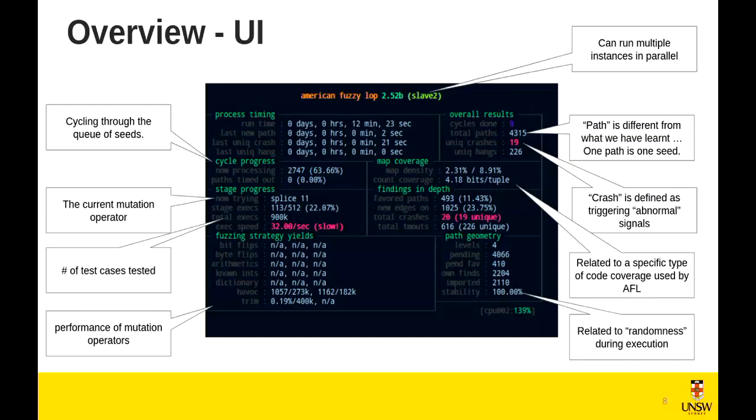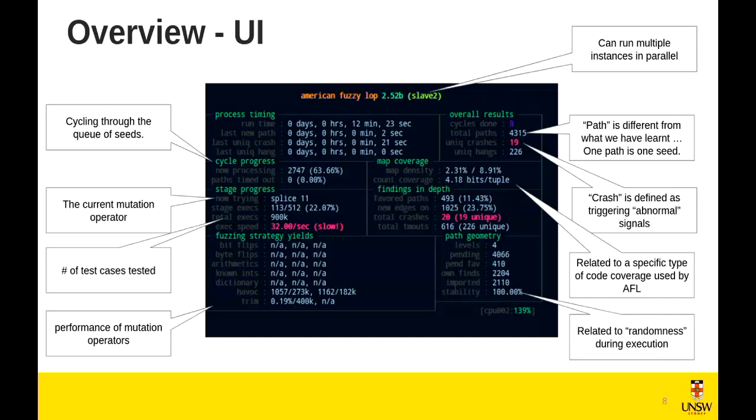Another major source of randomness during execution is multi-thread programs. If the program runs with multiple threads, the execution order of different basic blocks in different threads could be different. So stability refers to the randomness during execution. If the execution trace or the code coverage differs very much across different executions, then the stability is lower.